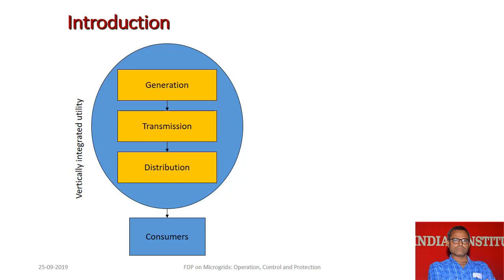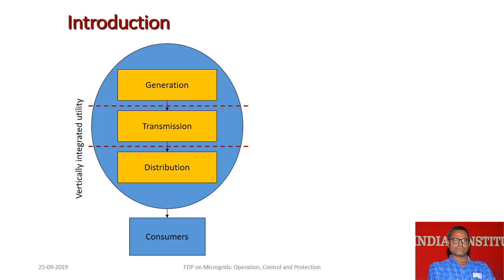Gradually, during the 80s, disintegration took place between generation, transmission, and distribution, saying that it will give us more competition and more reliability to the system. Chile started first in South America, and gradually other countries adopted. Though it has certain disadvantages, people have still adopted it.